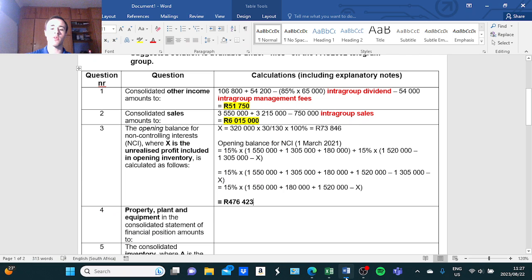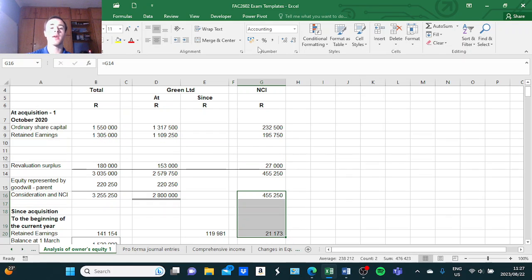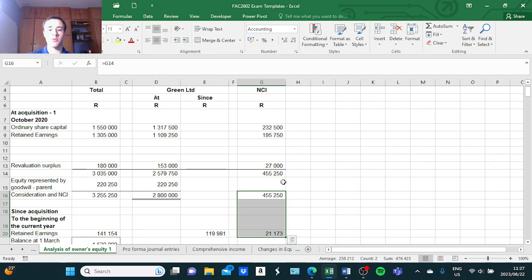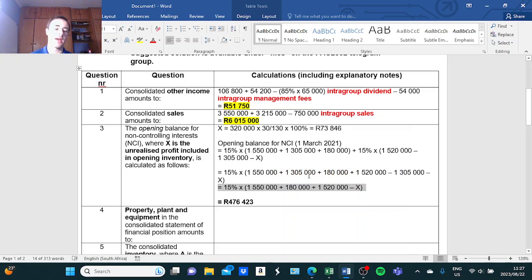In other words, our formula for calculating the opening balance for NCI is correct. So just make sure that you are able to confirm the correctness of your calculation by comparing the formula that you arrived at to your analysis of owner's equity figures. Alright, I know that has been a mouthful, so take a quick breather before we continue with question 4.